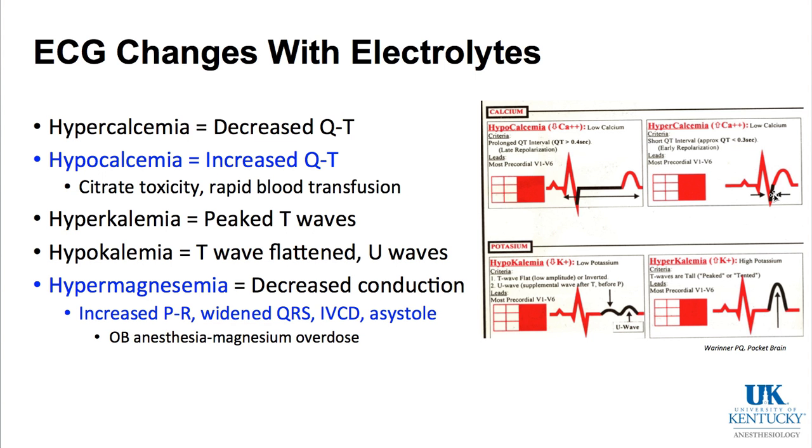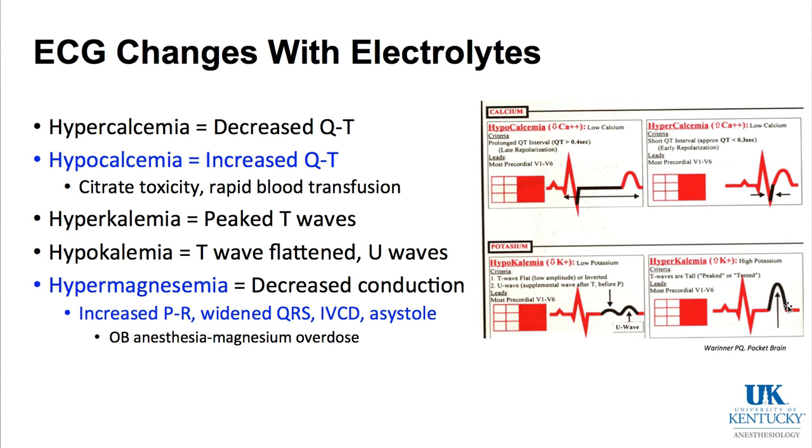Citrate binds calcium, calcium levels drop, and you get this very prolonged QT interval. Potassium tends to affect the T waves, and in the case of hypokalemia, you can see the example of a flattened T wave and the appearance of a U wave. As opposed to hyperkalemia, you get the classic peaked T waves.